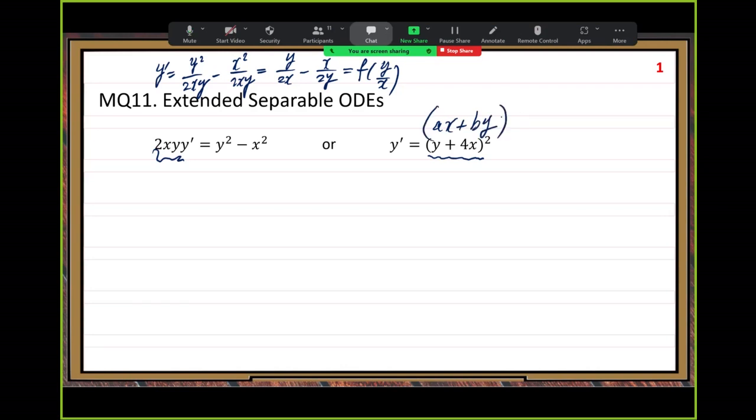Then you can treat this parenthesis as a new variable, or write this function as f of ax plus by.